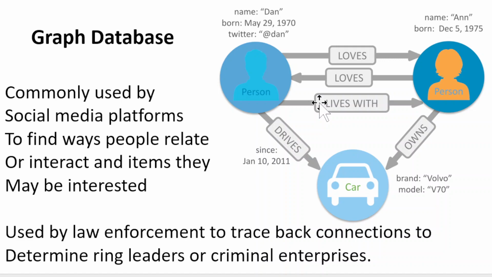This is also used by law enforcement and within cybersecurity to trace back connections to determine ringleaders of criminal enterprises. Within what I do at Verizon, sometimes we find out that an exploit has been sent out and people are exploiting our system. We found a hole. Sometimes it's an internal job.